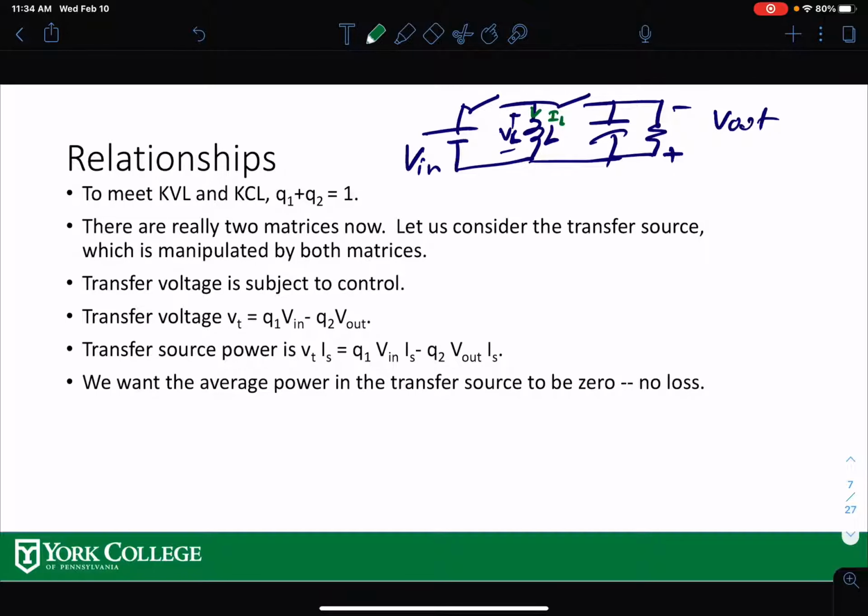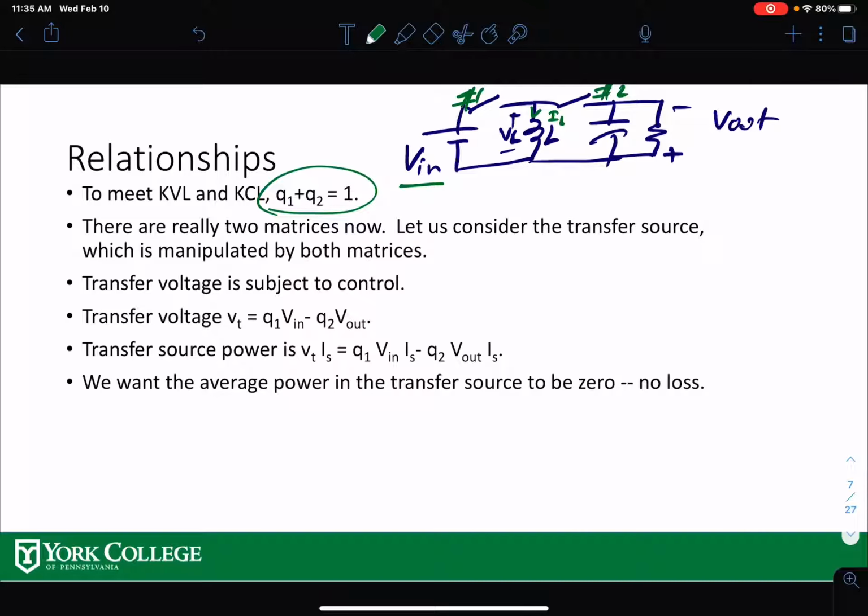Now switch 1 and switch 2 are complementary. That means only one can be on at a particular time. When switch 1 is on, your inductor is getting energy from the source, so the inductor voltage is V in for the amount of time switch 1 is on.